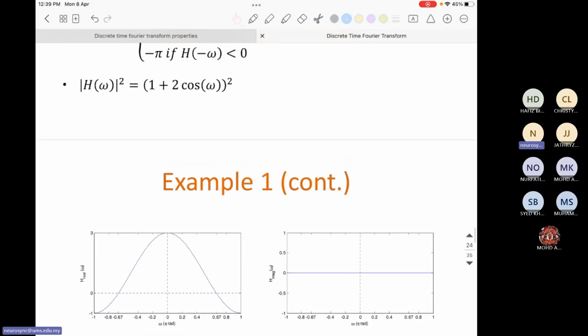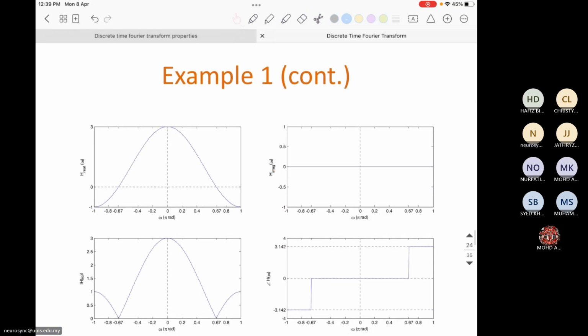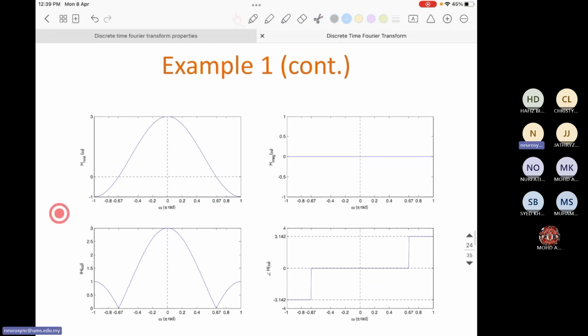Now, if you want to plot the magnitude, the energy function, and the phase. This is basically the real part of h of omega.